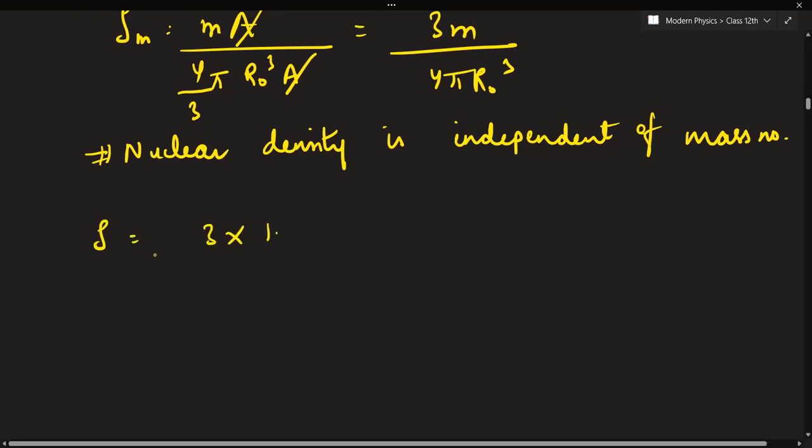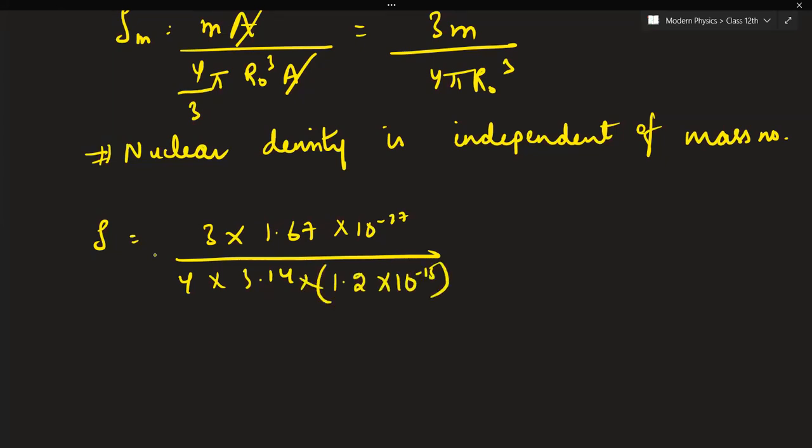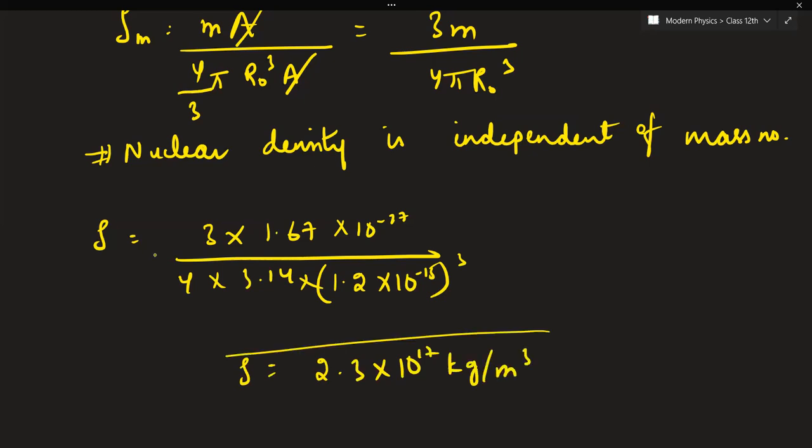Put the values: 1.67 into 10 to the power minus 27, 4 pi, that is 4 into 3.14, and r naught cube, that is 1.2 into 10 to the power minus 15 whole cube. When you solve this, you get 2.3 into 10 to the power 17 kg per meter cube. This is the value for every atom that is possible.